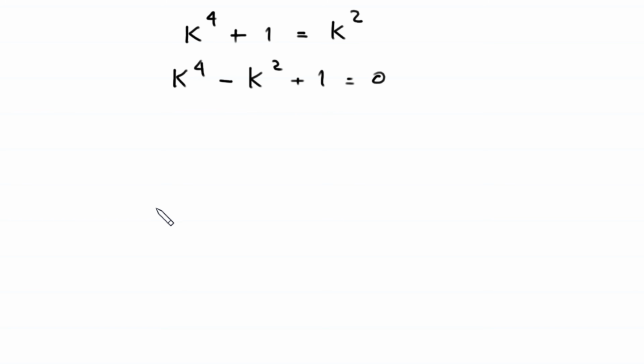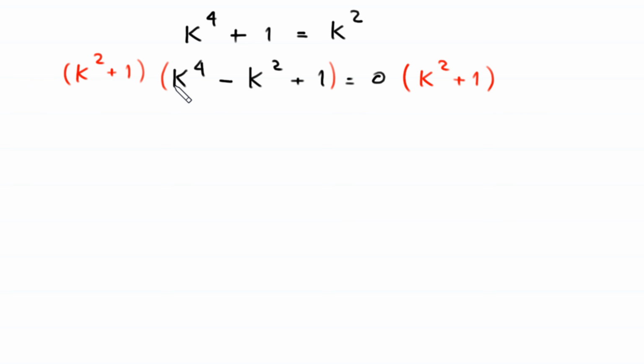And to find the value of k to the power 6, we multiply both sides by k squared plus 1. On the left hand side we multiply by k squared plus 1. Expand this left hand side.